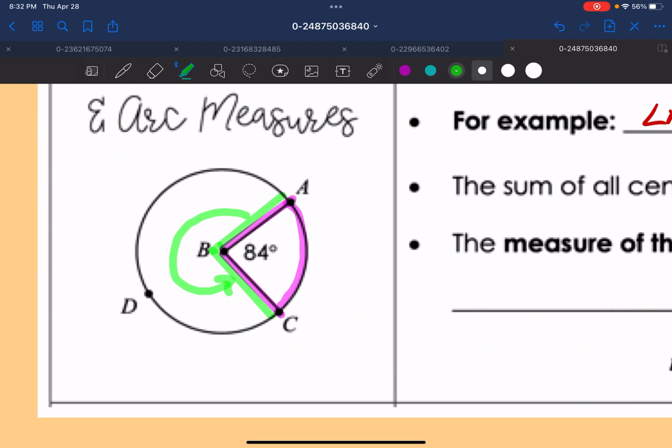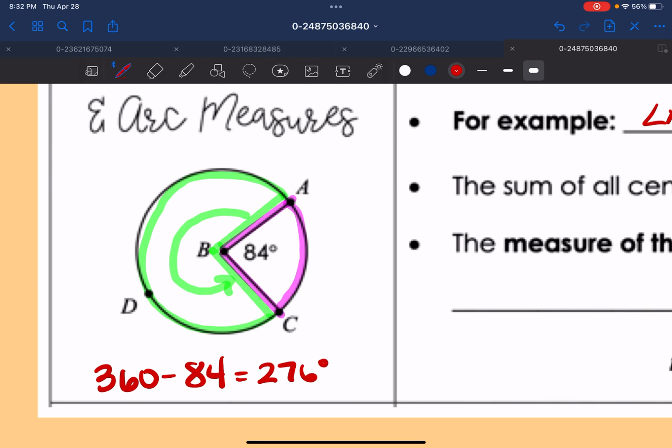Its arc that it corresponds to is major arc ADC. So we do have two angles there. They're going to add up to 360. So if we want to find the major arc or the major angle, we could say 360 minus the 84, and that would give us 276 degrees.